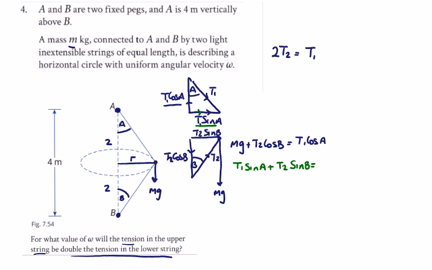Is it omega we're looking for? It is m omega squared R. And we know that T1 is 2T2. And actually we also know that we have an R and a 2 in these. A is equal to B in this case.